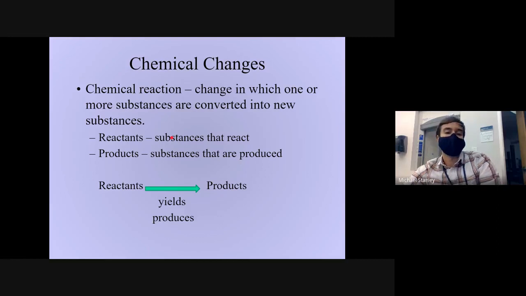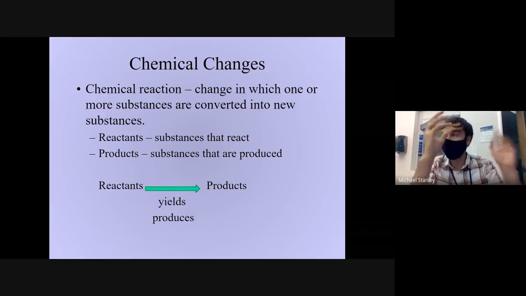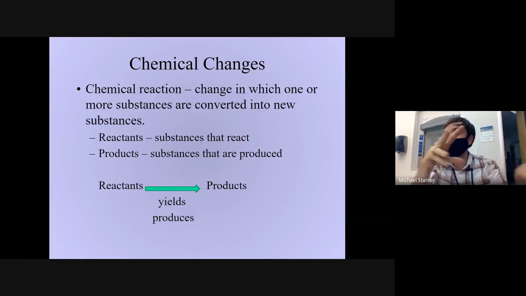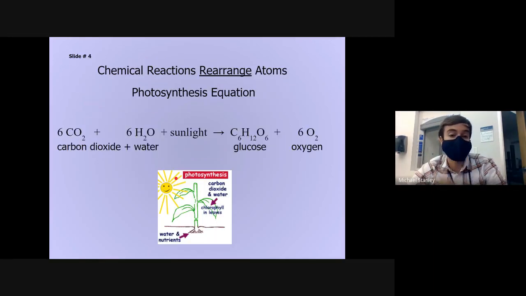Thanks for being here. So this is the most basic idea of a chemical reaction. We start off with one set of substances and we turn it into something new, something different. For an example of that, we looked at that photosynthesis equation from the other day, right? The first thing we looked at was that the reactants and the products are different.